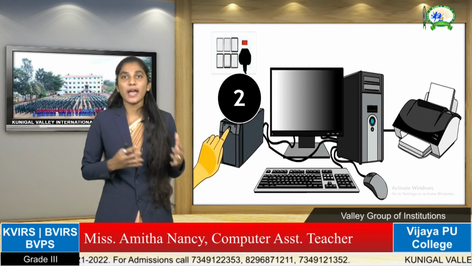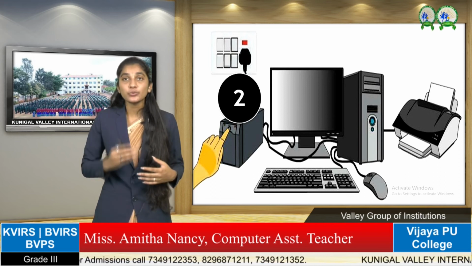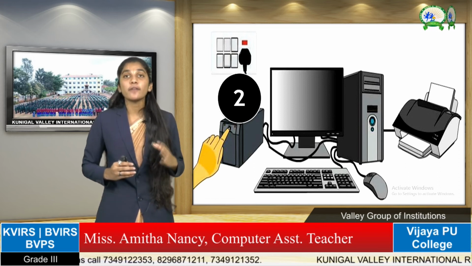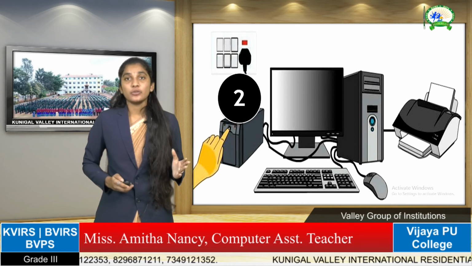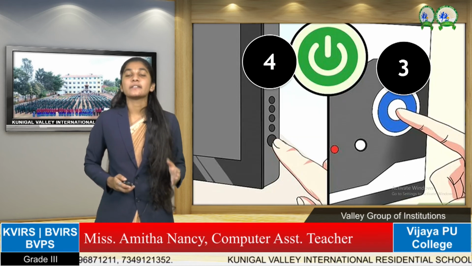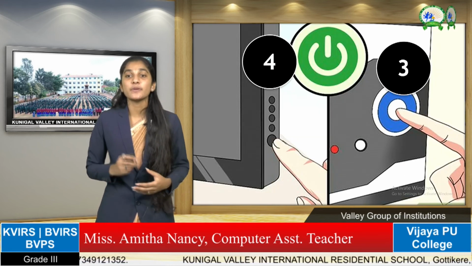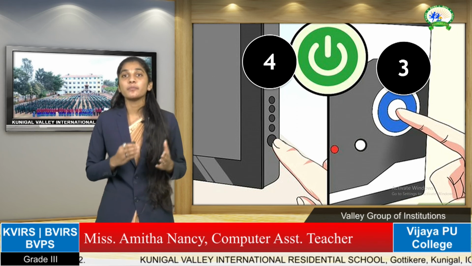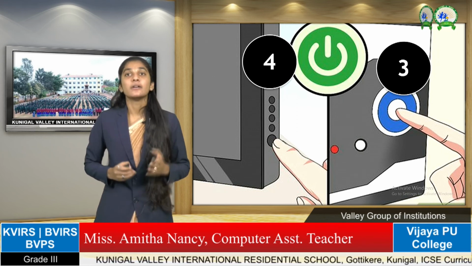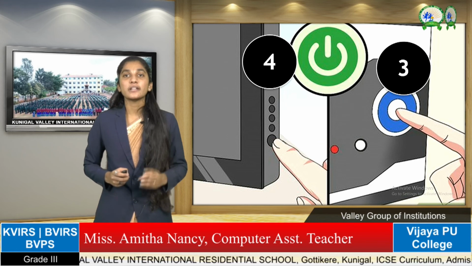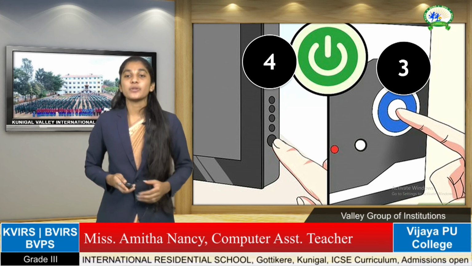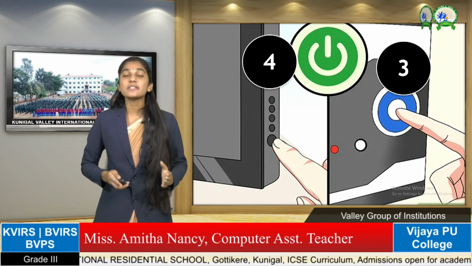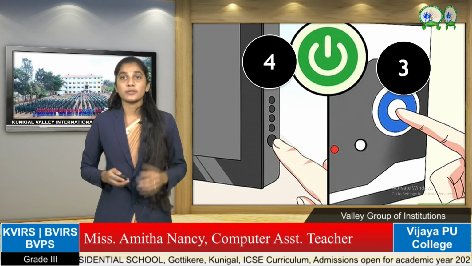If your computer has a UPS connected to the CPU box, you have to switch on the UPS. Third, you have to switch on the CPU box that is beside the monitor, you can see, right? Then in the fourth step you have to switch on the monitor button.